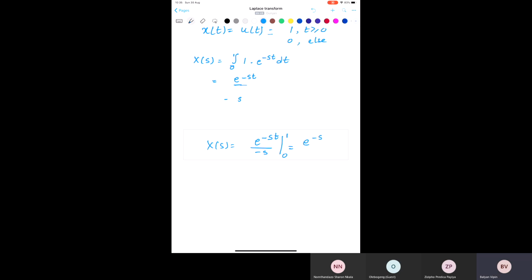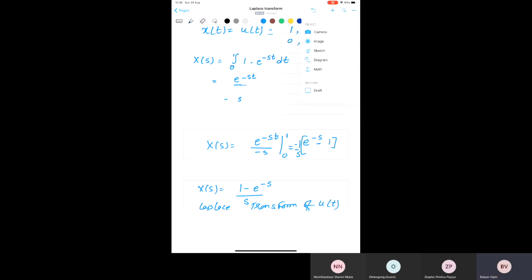So it will be minus 1 upon s times e to the minus s minus 1. So X of s in this case will be 1 minus e raised to the power minus s over s. So this is the Laplace transform of u of t only. This is not the Laplace transform of the function we started with.